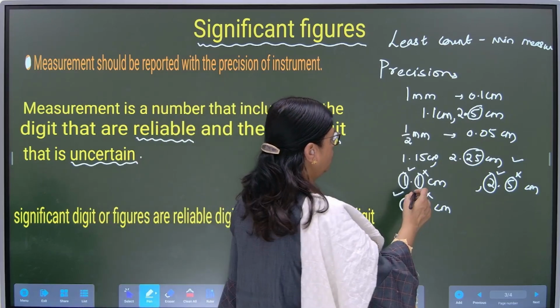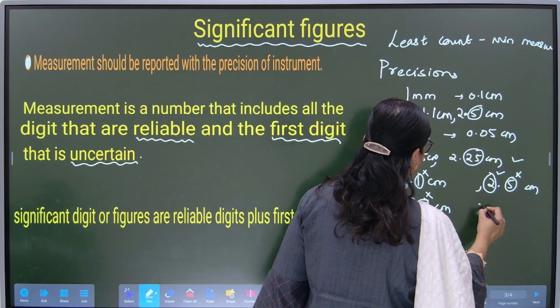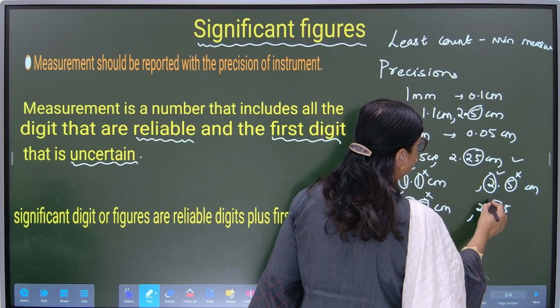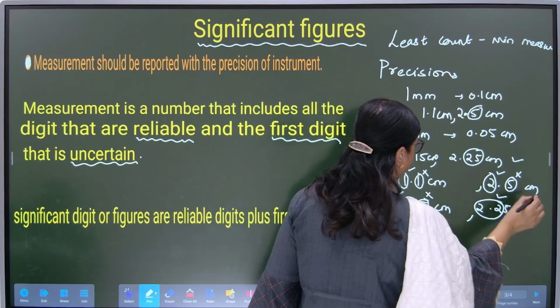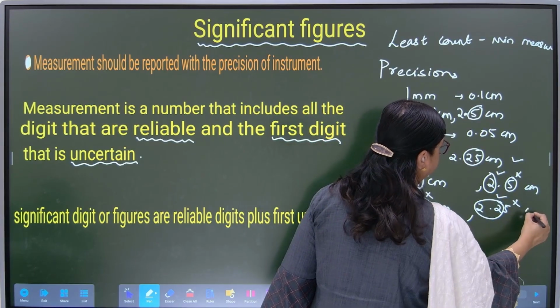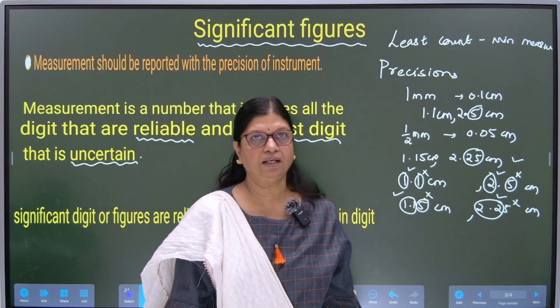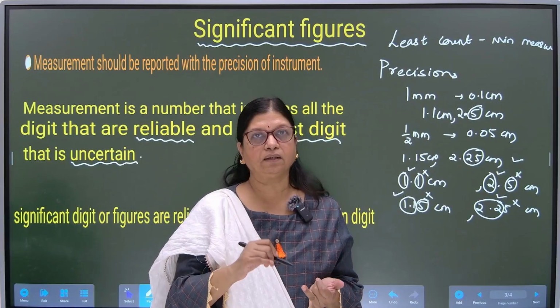Okay, so 5 is unreliable. In the next measurement 2.25, again 2.2 is a sure measurement and 5 not so certain. Whether it is 4 or 6, that's not very clear to the person who is measuring, or there is some defect in the instrument itself.